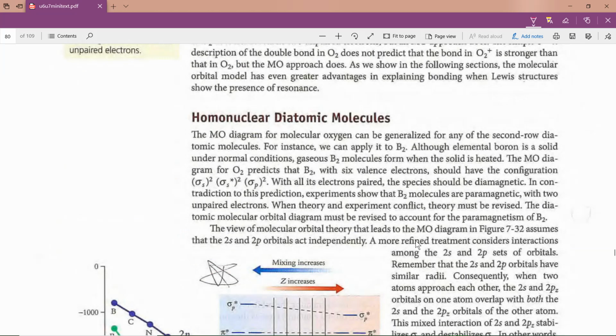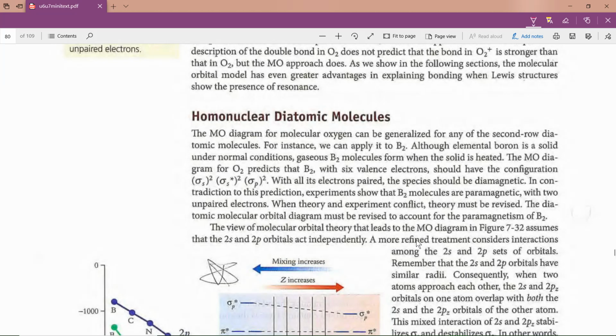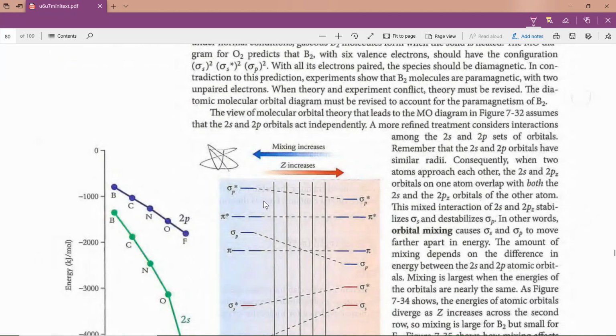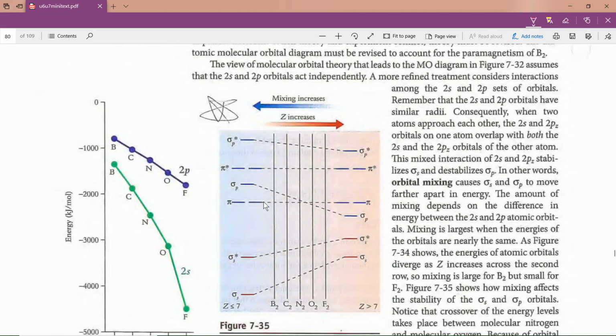So, if we're talking about homonuclear diatomic molecules, which we just did looking at oxygen, there is a slight variation depending on how many electrons there are. And 7 electrons per atom is a turning point.